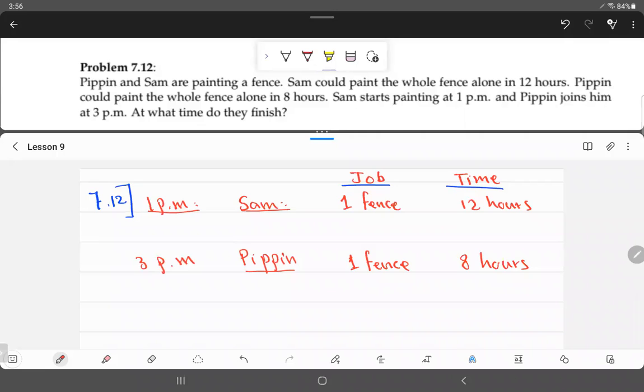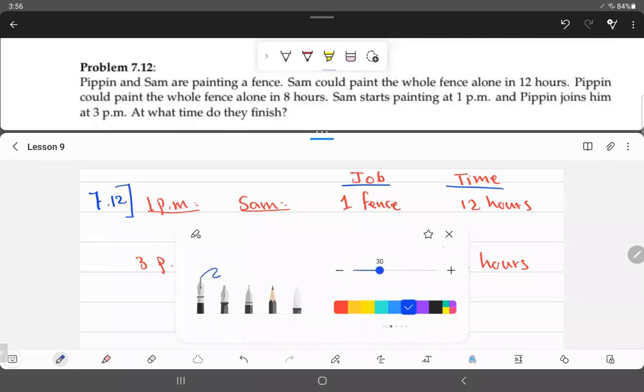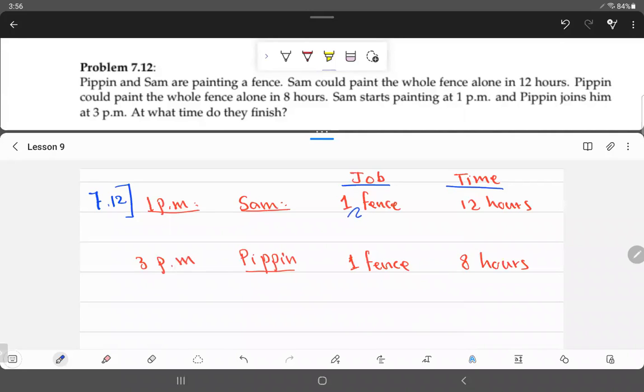What is the relation? Is it direct or inverse? How do you know? Just ask yourself one question. If, for example, you have the job, half a fence, how long is it going to take him? 6 hours.